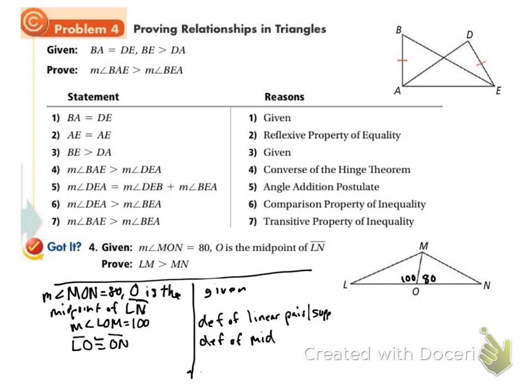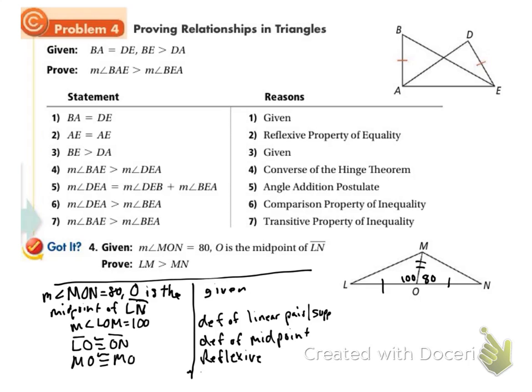And I'll mark that on my triangles. So I've used everything in my given. Just looking at my picture, I can say that MO is congruent to MO by reflexive. And now I'm all set up for my theorem.